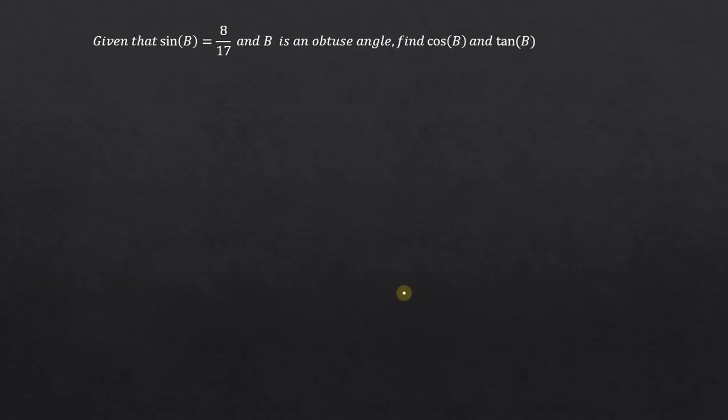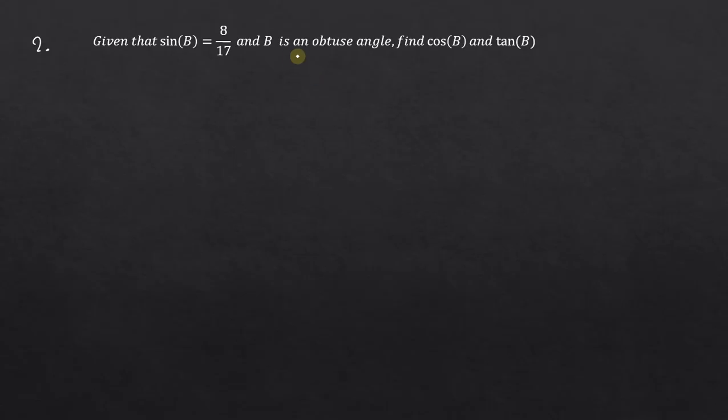Okay, so now let's move to our second question. This is also similar to the first question. The only thing that's different is how they tell you the position of the angle, where the angle is located.